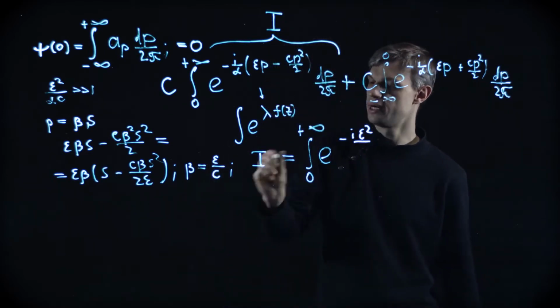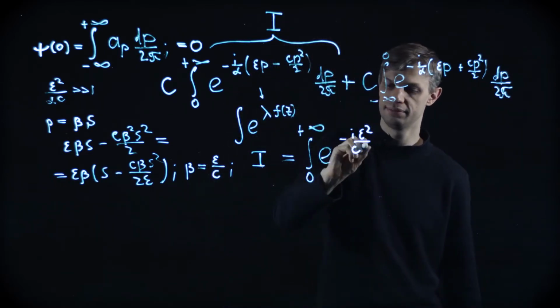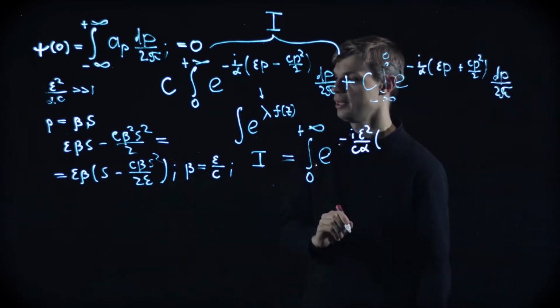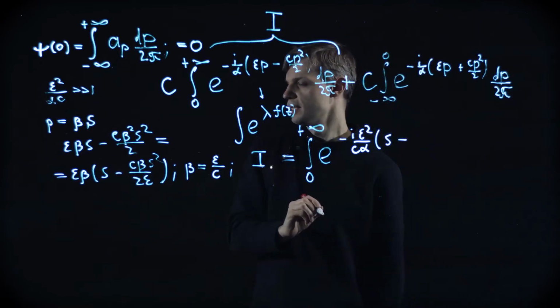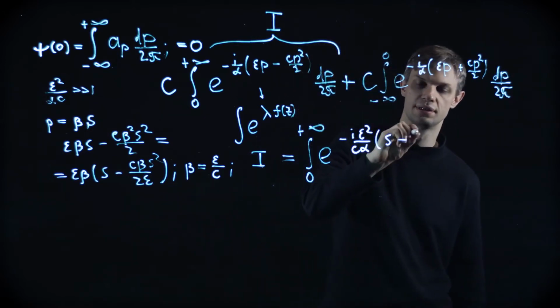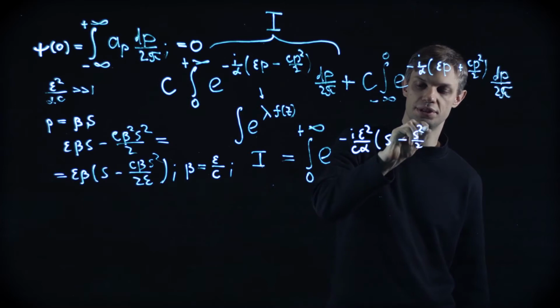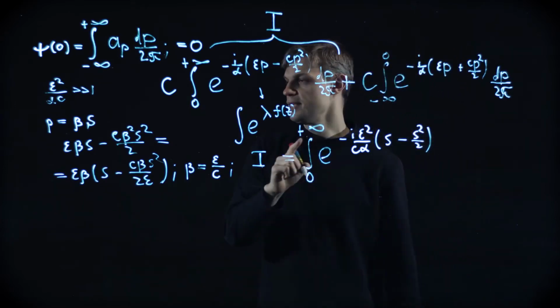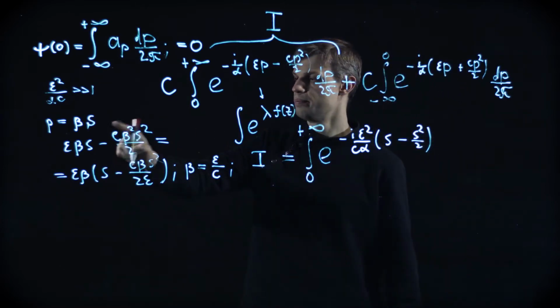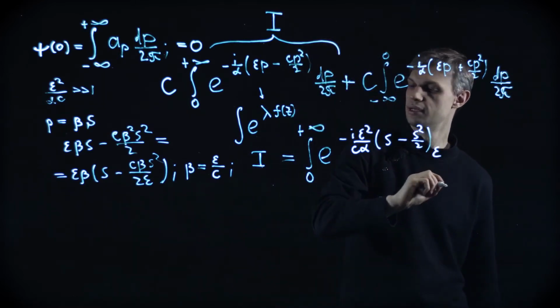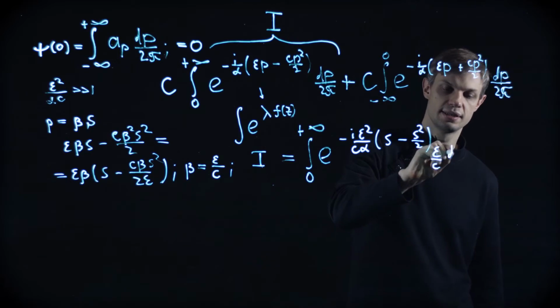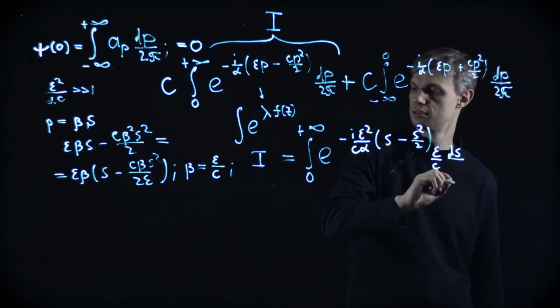Epsilon squared divided by c and alpha. And in the brackets, we are left with s minus s squared over 2. And dp is turned into beta ds, so it's epsilon over c ds over 2 pi.